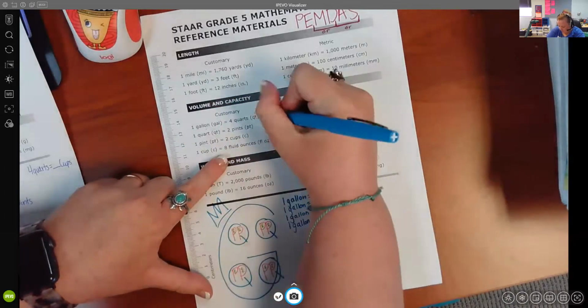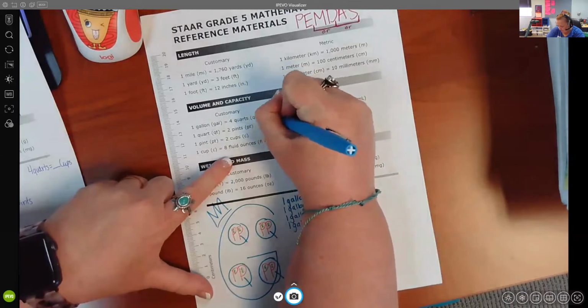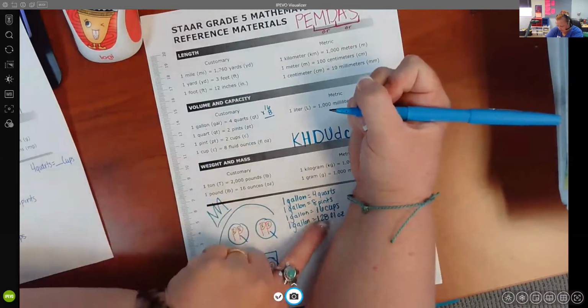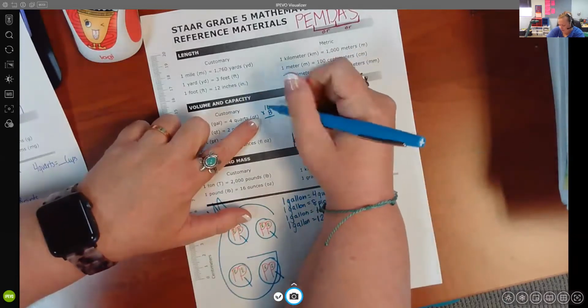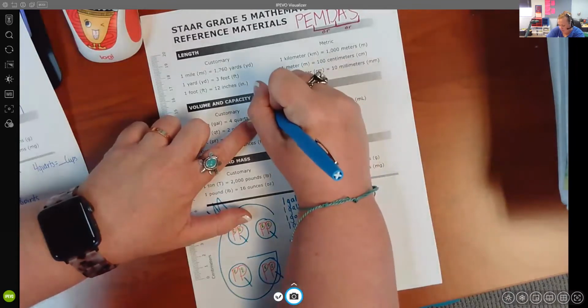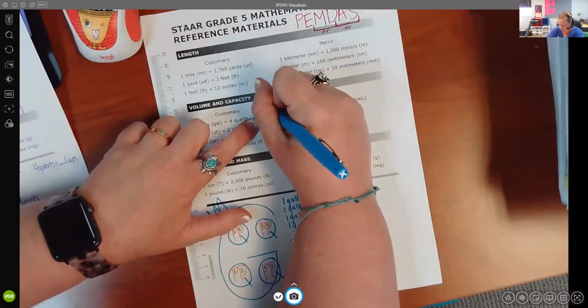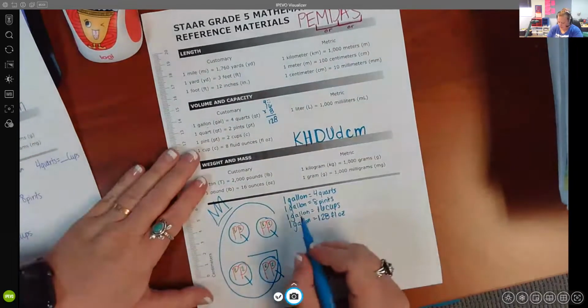Because if I multiply 16 times 8, 16 cups is how many there are in a gallon. Multiply that by 8, how many ounces are in each cup? 8, carry the 4, 9, 10, 11, 12. So 100, that's where the 128 came from.